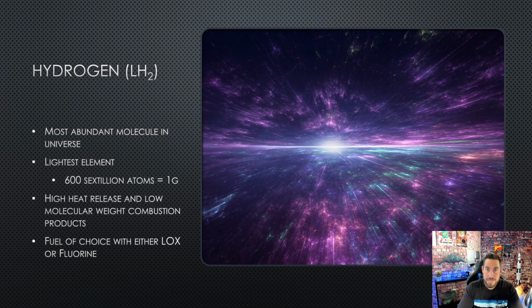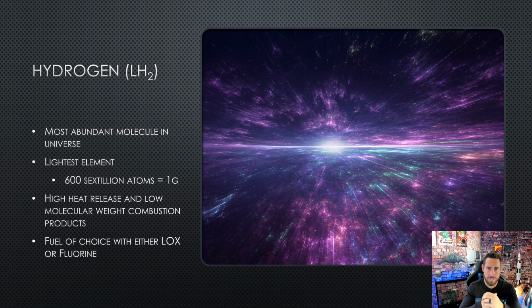It's got a great heat release, really high heat release, and very low molecular weight combustion products, which again is advantageous. You need that increased mass flow, so the lighter the molecules that you're ejecting, the greater mass flow you can get. It's the fuel of choice with either liquid oxygen or with fluorine as an oxidizer.